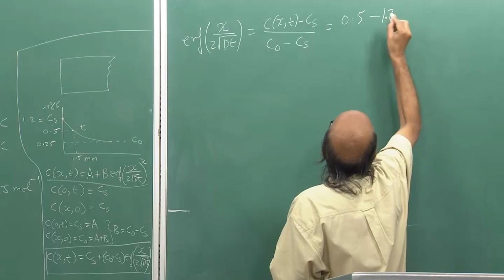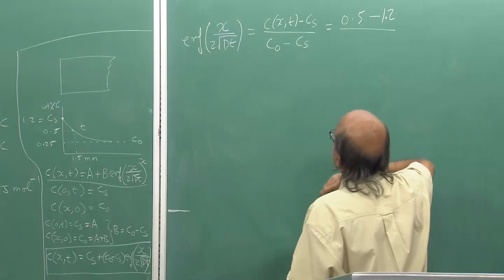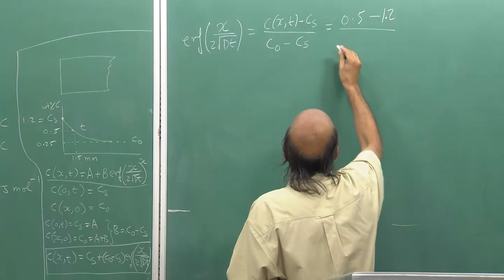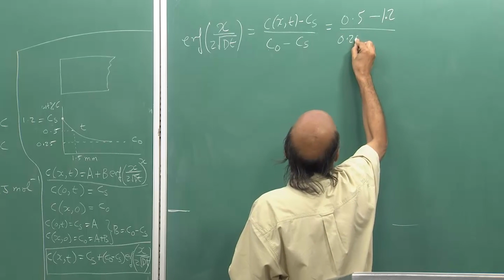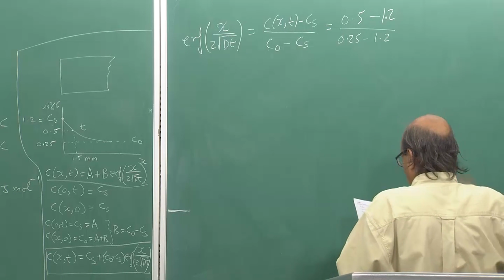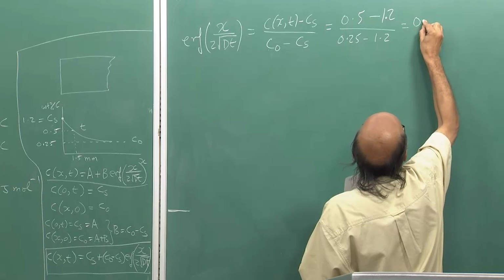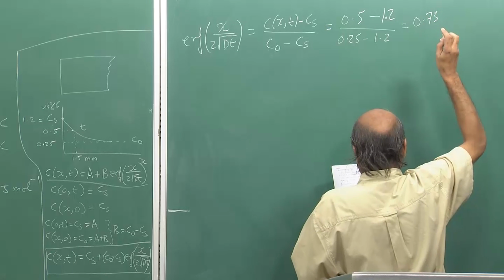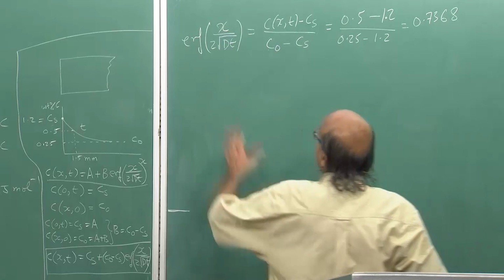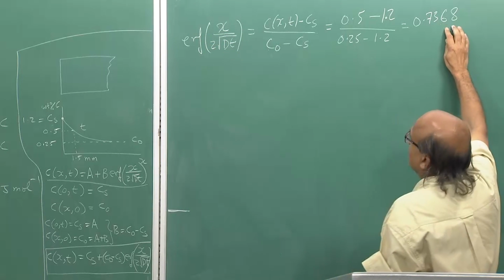So, I will write 0.5 minus 1.2 for the numerator, and in the denominator C0 is the initial concentration of the steel, which is 0.25, minus Cs, which is 1.2. So, on solving this, I will get 0.7368. So, error function of x upon 2 square root of Dt should be equal to 0.7368.